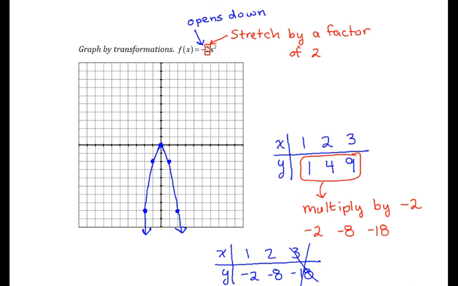It does appear more narrow. It opens down. This turnaround point should always be a smooth turnaround. It should never be a sharp little pencil point, but sometimes when the stretch factor is there, it makes it a little bit harder to turn it around smoothly. And we have our stretched and reflected parabola.